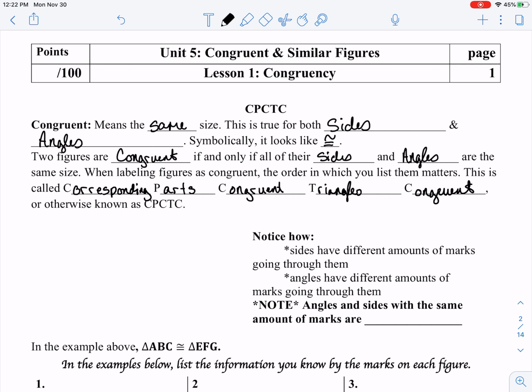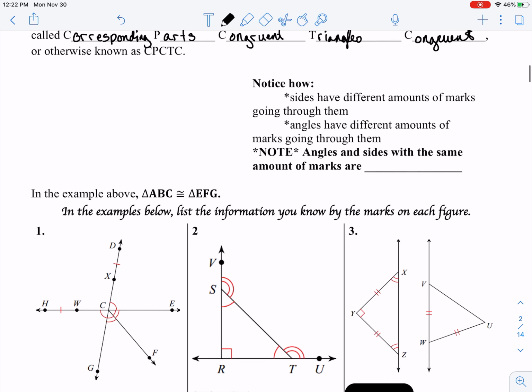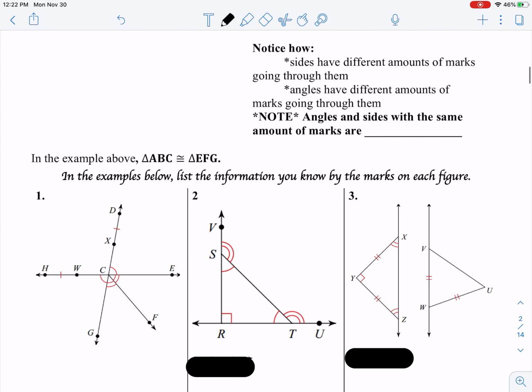All right. So basically, corresponding, remember, is angles that go with each other, sides that go with each other. So if a part goes with another part in another figure, then it's congruent, or it's the same size. Okay. Down here in these figures, we want to look at how sides have different amount of marks going through them. So like right here, I may only have one.